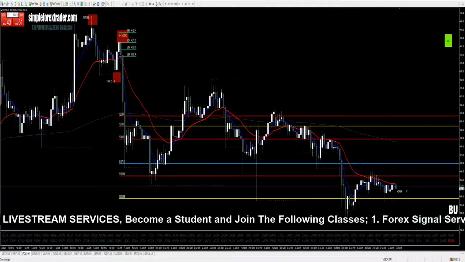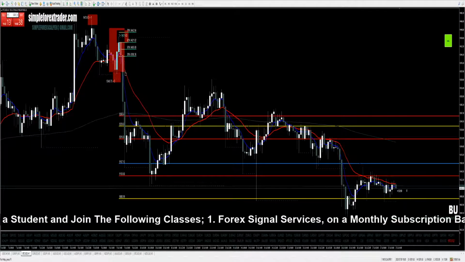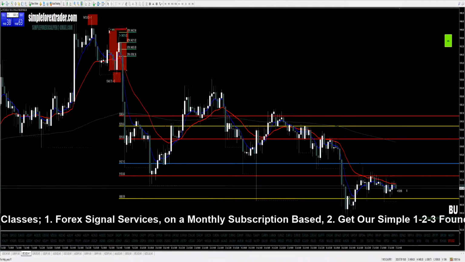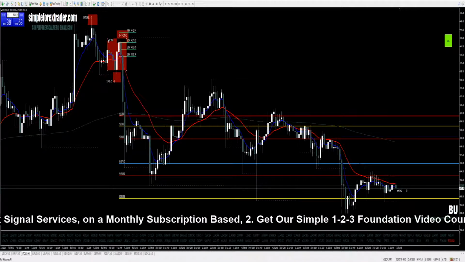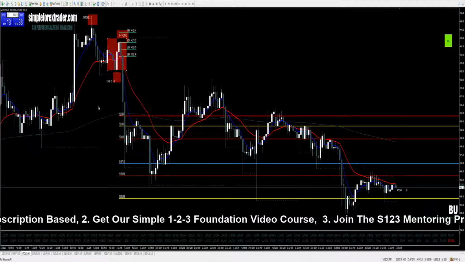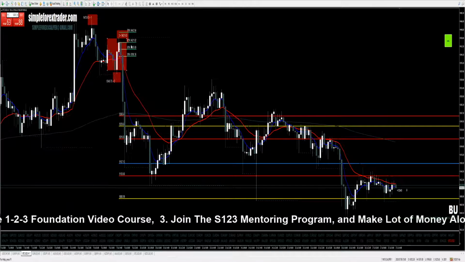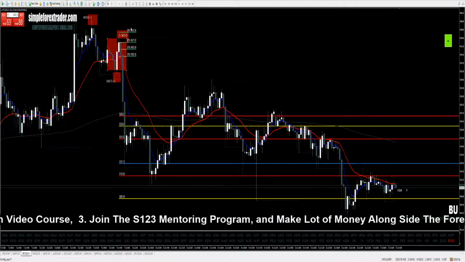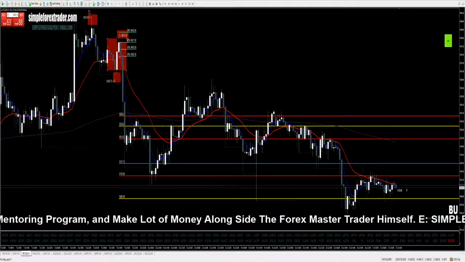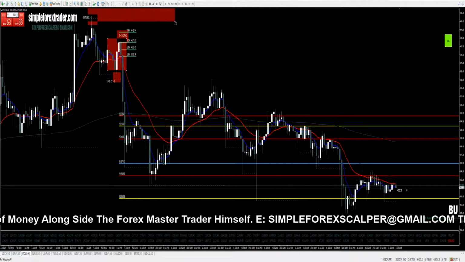So where do you enter? You enter here, between the 3 and the 2. I would say between the 3 and the 2 would be good. I would enter anywhere between there, and you've got 4 entry levels here. Then your stop loss will always be above the 1 stop loss.